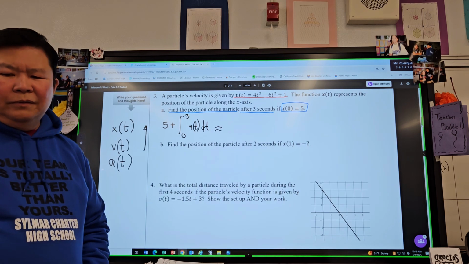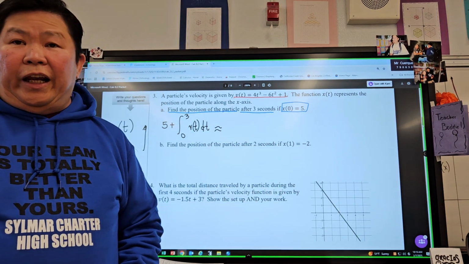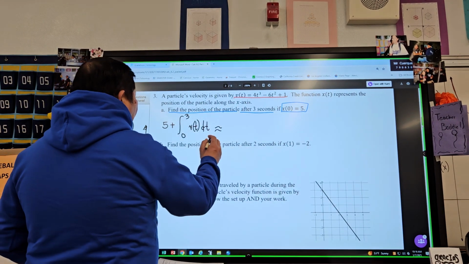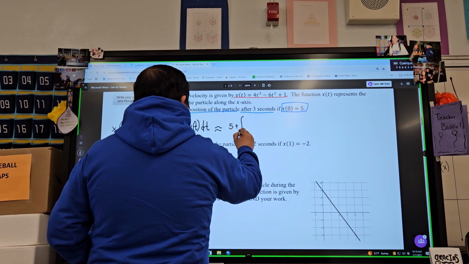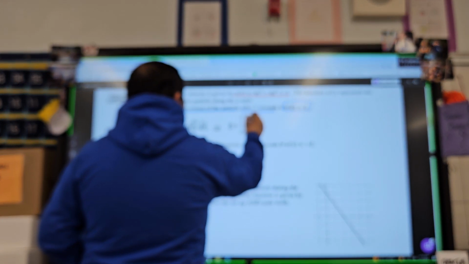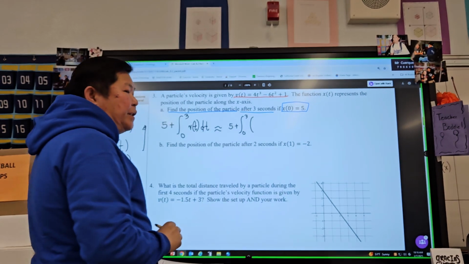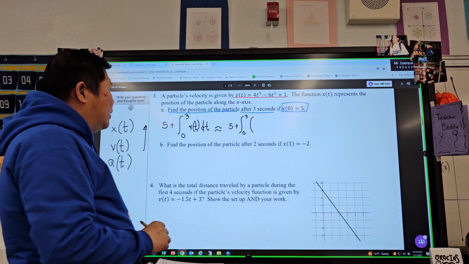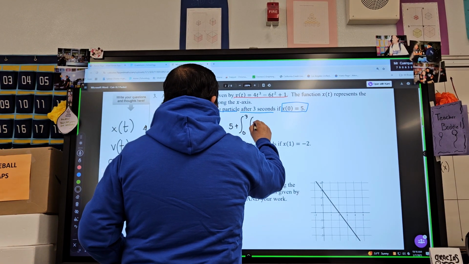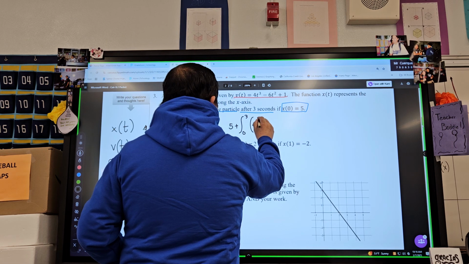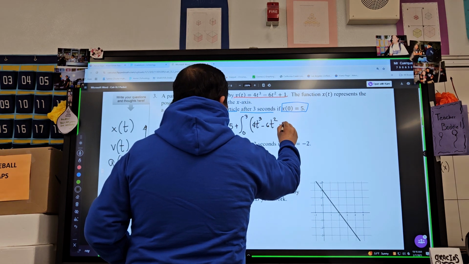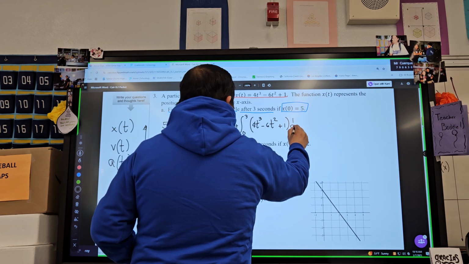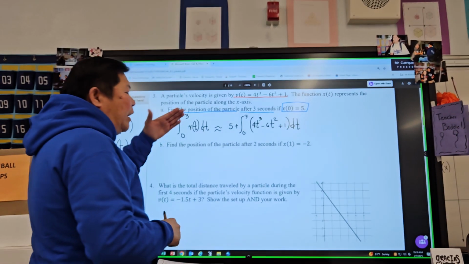You just integrate, then plug in 0. So we say 5 plus the integral from 0 to 3 of the velocity 4t cubed minus 6t squared plus 1, dt. We're going to do it this way.